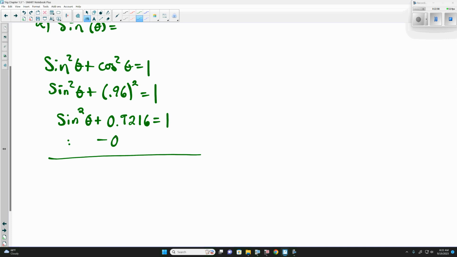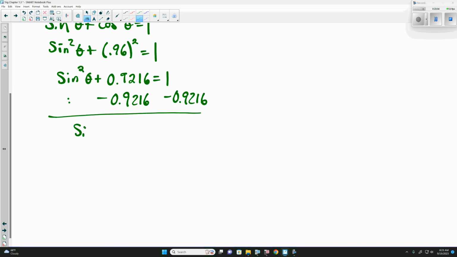Now at this point here, we're going to subtract our value over, telling us that sine squared of theta is equal to 0.0784.